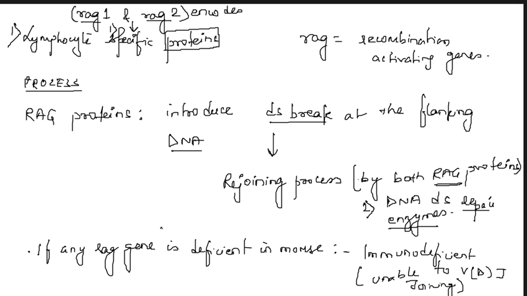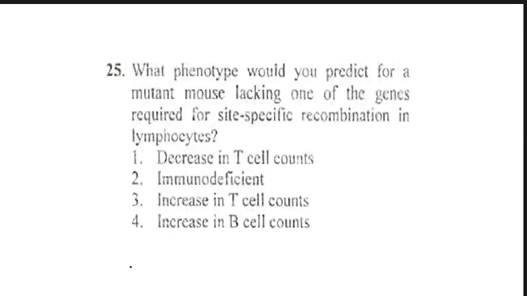Now coming to our question, if any of the genes required for site specific recombination is deficient in a mouse, the mouse is not able to show VDJ joining. In that case, the mouse becomes immunodeficient. It cannot develop functional B and T cells. Got it? So the answer will be 2, that is, the mouse will become immunodeficient.